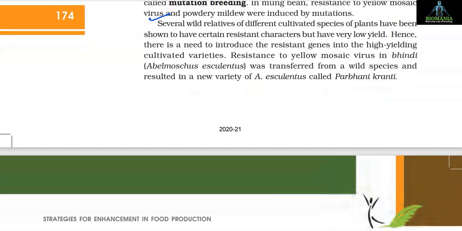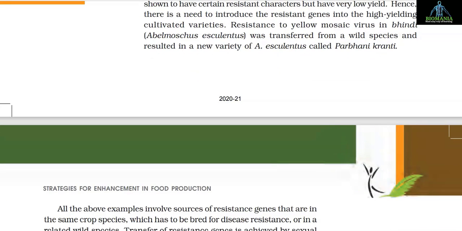Several wild relatives or different cultivated species of plants have been shown to have certain resistance characters but have very low yield. Hence, there is a need to introduce the resistance genes into the high-yielding cultivated varieties. Resistance to yellow mosaic virus in bhindi was transferred from a wild species and resulted in a new variety of A. esculentus called Parbhani Kranti.